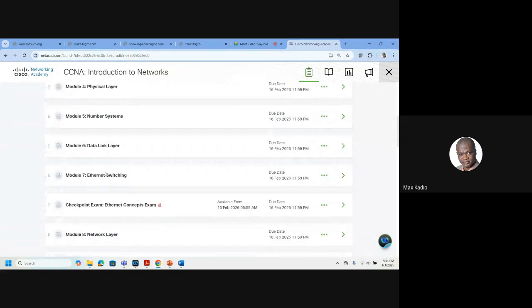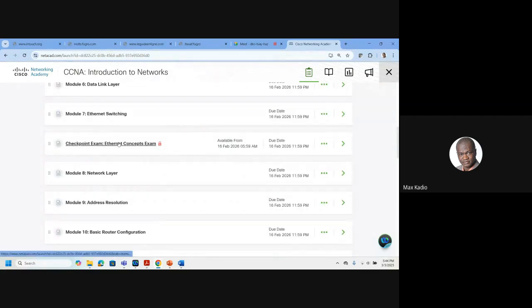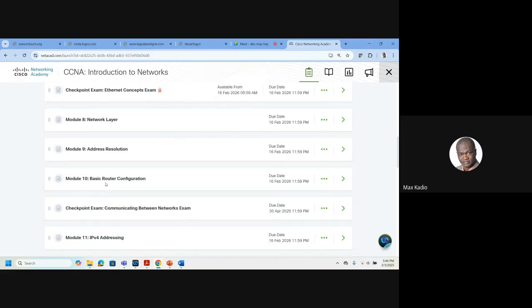Because when we start Saturday, we'll do a lab. I'll check which lab we can do. But after that, we'll start doing the router configuration. It will seem almost like the switch: how to configure host name, the banner, the 3 types of password. And this time, we're going to configure the interfaces.